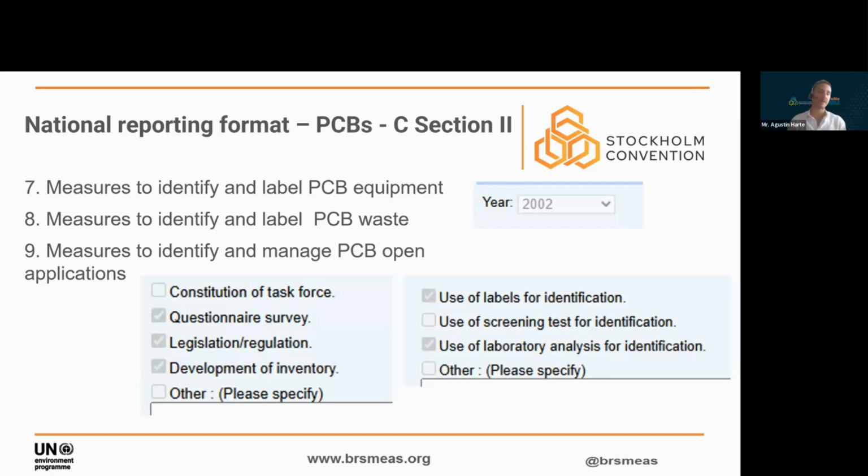If there is no analytical capacity, there will be less chances that there is a complete strategy for identifying and labeling PCBs. Of course, legislation is also a key aspect, whether there is a requirement for example, testing transformers and equipment and label once they have been identified with PCB content. So different aspects of the PCB management necessary to identify and label the different types of PCB materials.